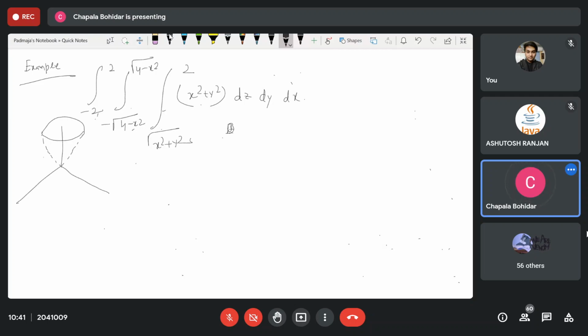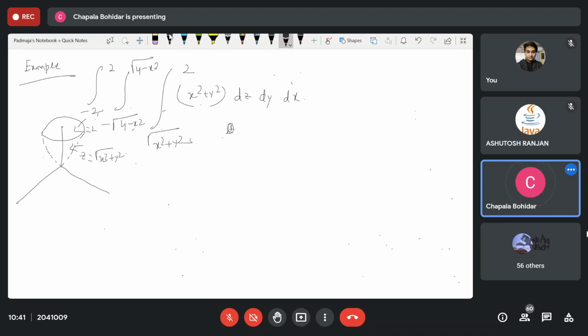This cone, z is equal to 2 is the upper limit, and the lower one is for this surface, z is equal to root of x square plus y square.